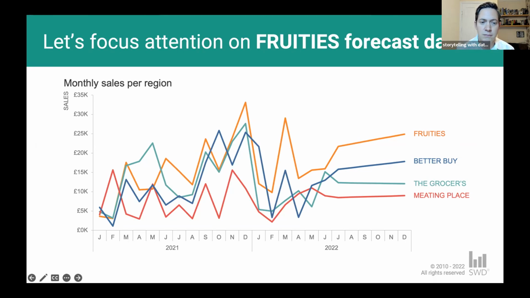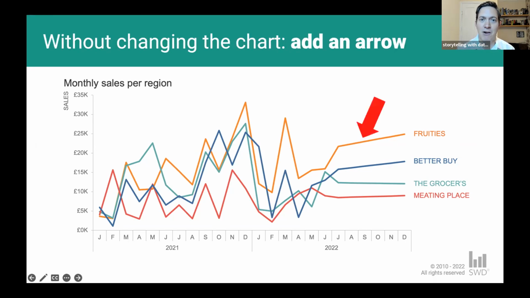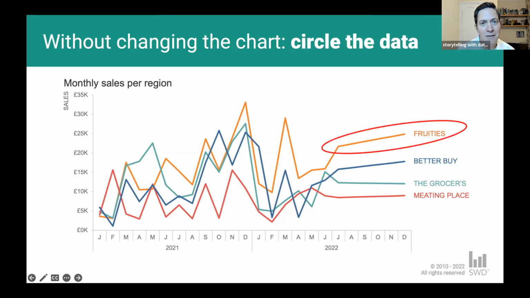You could just put a big red arrow pointing to that forecast data. Certainly does the trick. Certainly, if you were to do the Where Are Your Eyes Drawn test now, it would direct you to that same point. You could use a red pen, get your red pen out and draw a circle around that particular line.